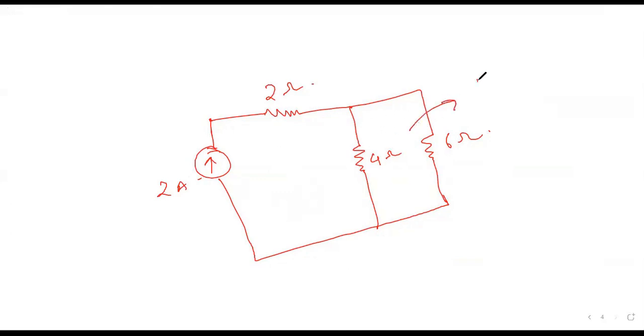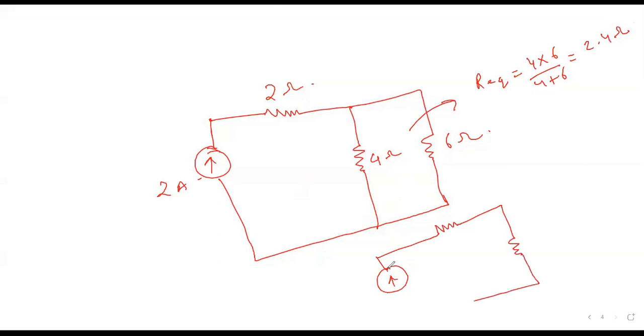This equivalent resistance is nothing but R1 R2 upon R1 plus R2. So this is 2.4. Now the circuit will look like this: 2 ohms and 2.4 ohms connected to a 2 ampere source. Now you can see these two are in series.